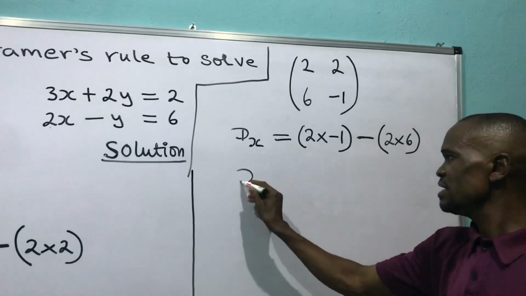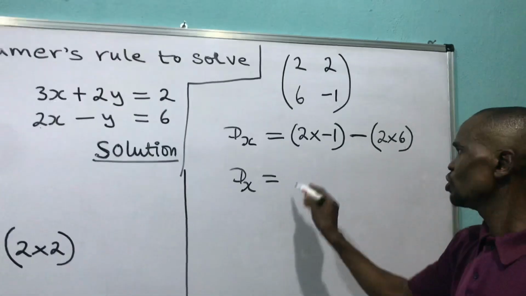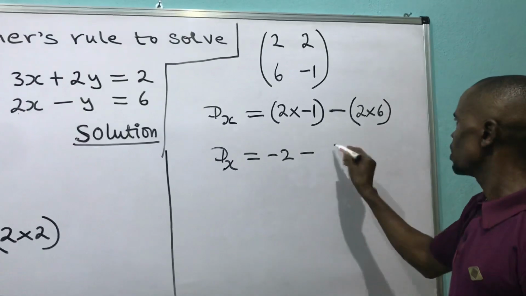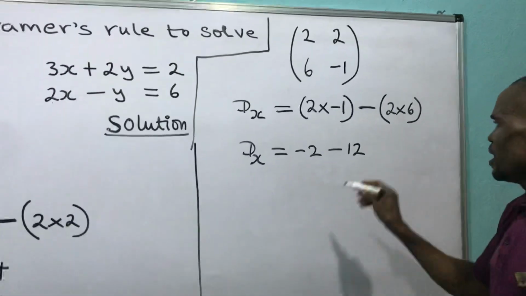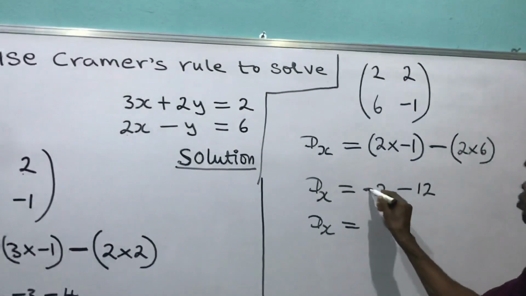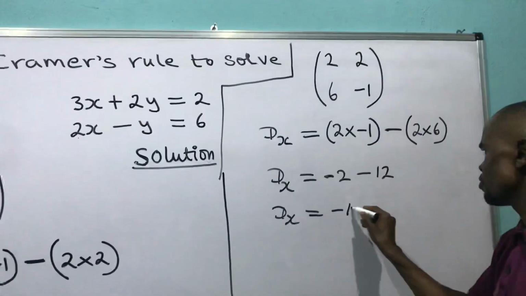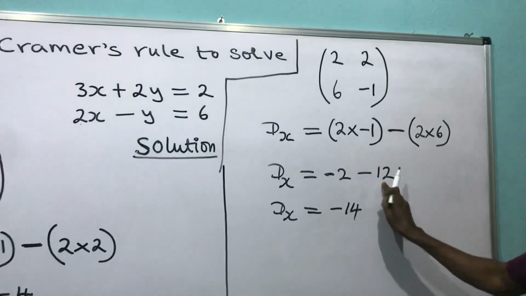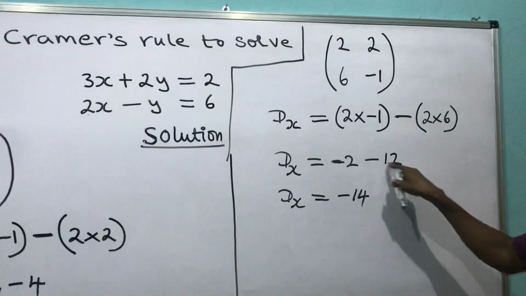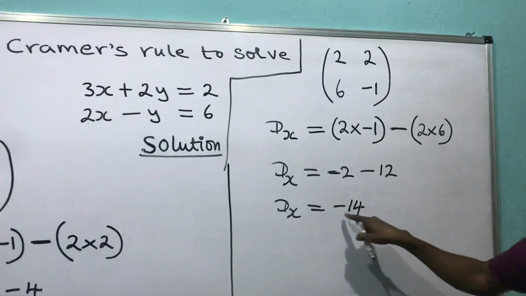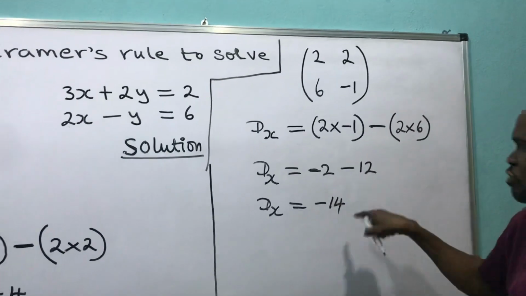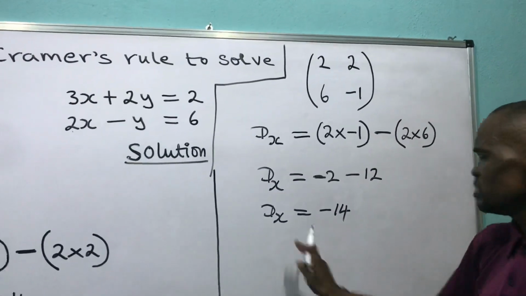And that will give me Dx is equal to minus 2, then minus 12. The total gives me Dx is equal to minus 2 minus 12, which is minus 14. What does it mean? I'm owing 2, I'm owing 12. Total of what I'm owing is 14. Therefore, this is my Dx.